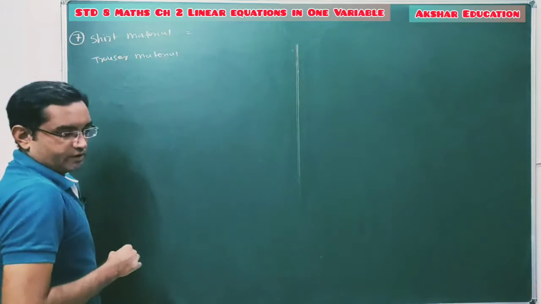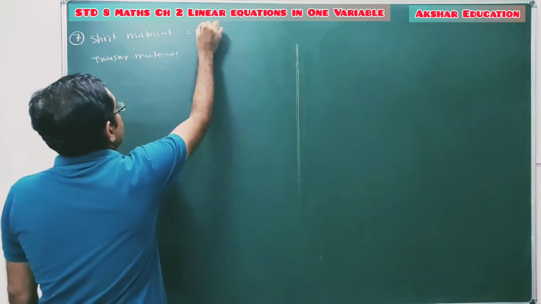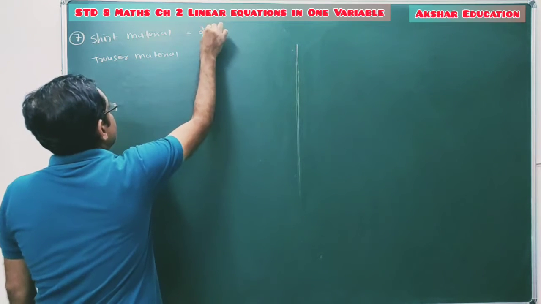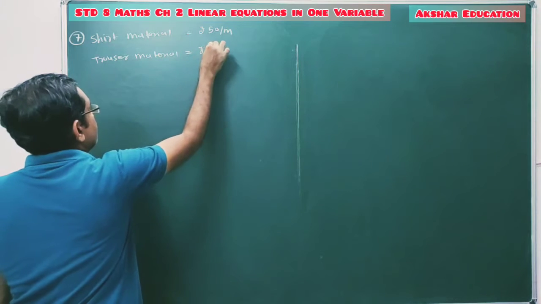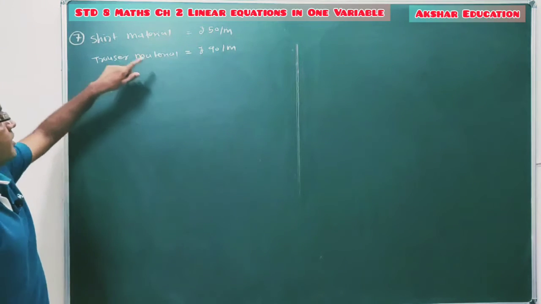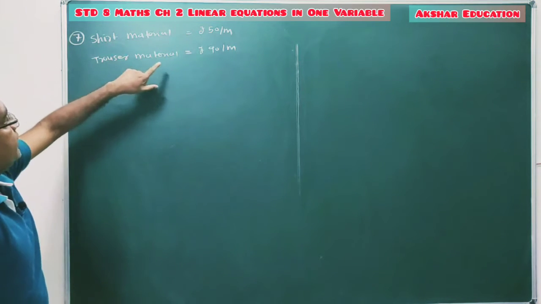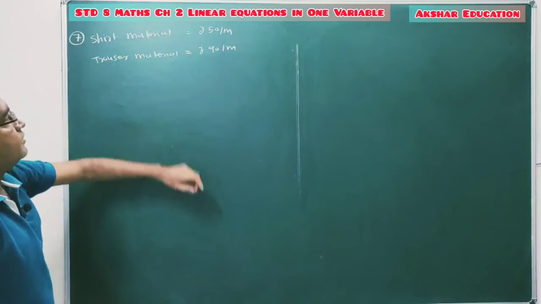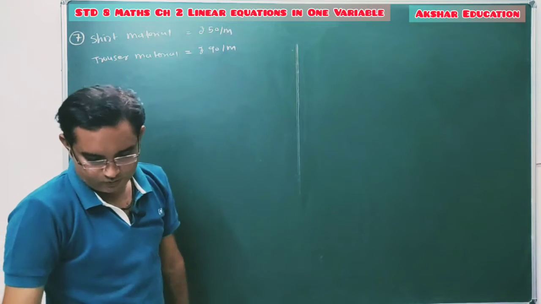Shirt material cost him 50 rupees per meter, and trouser material cost him 90 rupees per meter. That means the rate of 1 meter shirt material is 50 rupees and the rate of 1 meter trouser material is 90 rupees.